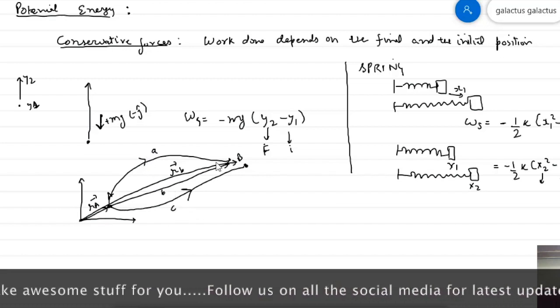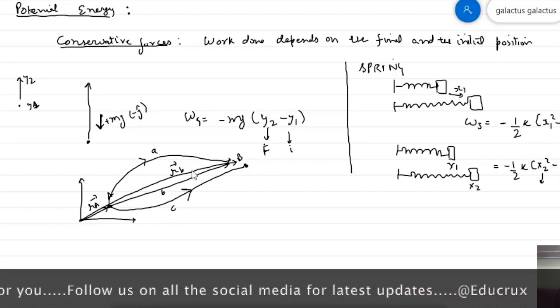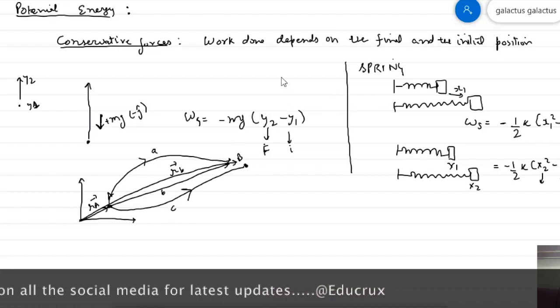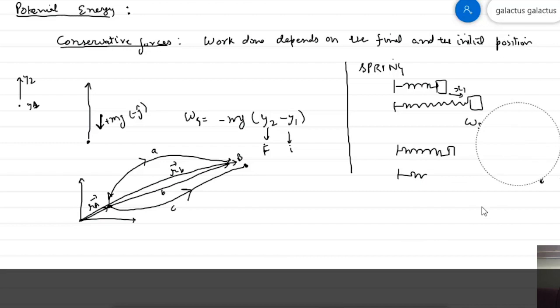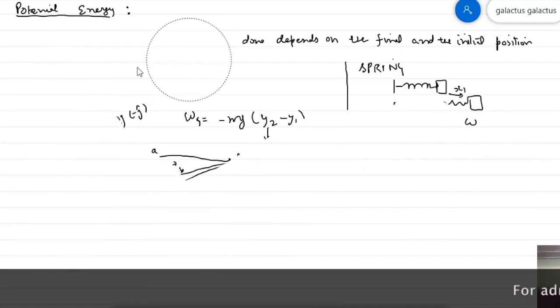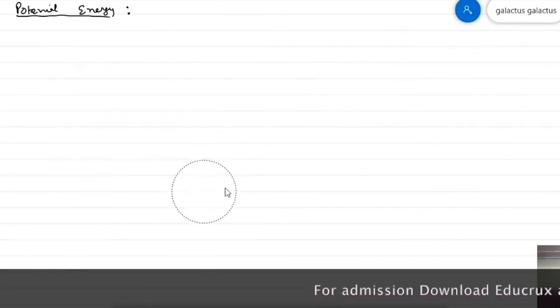In case of conservative force, my work done doesn't depend on the path taken, it depends on the initial and the final point. So with the help of a conservative force, I can define a function.